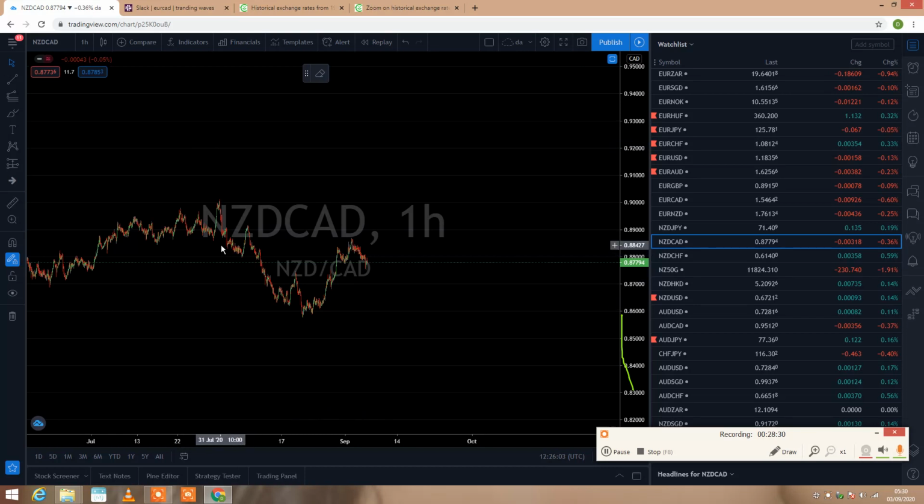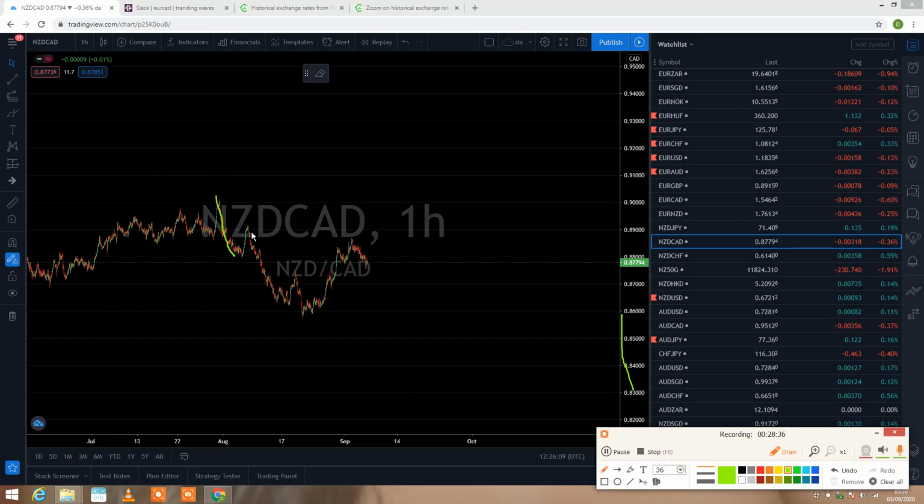What I see here is actually a clear 5 wave to me, as I see 1, 2, 3, 4, 5. What happened after this move?